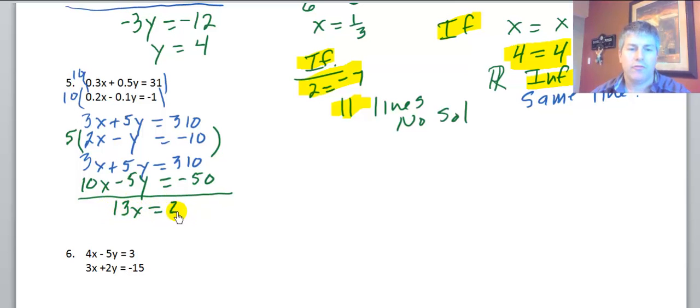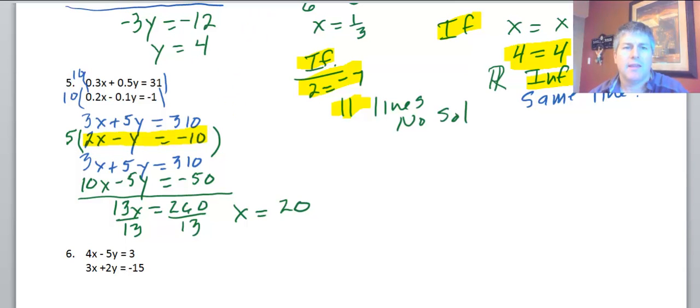13x equals 260. Divide by 13, and x equals 20. And I can substitute into any equation. I think the numbers are going to be easiest substituting into 2x minus y equals -10.